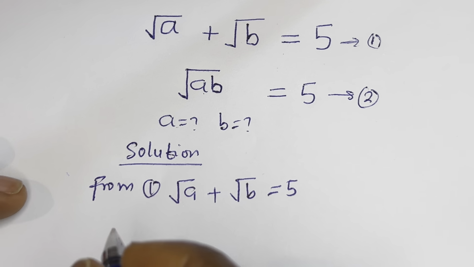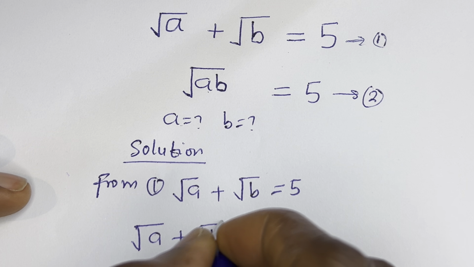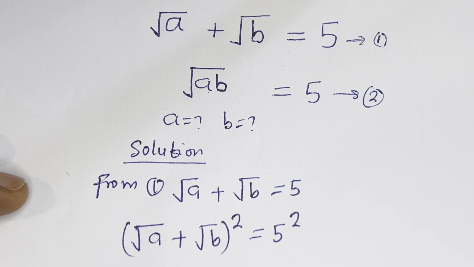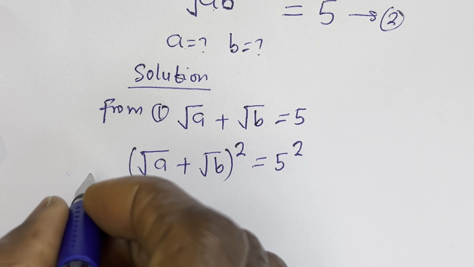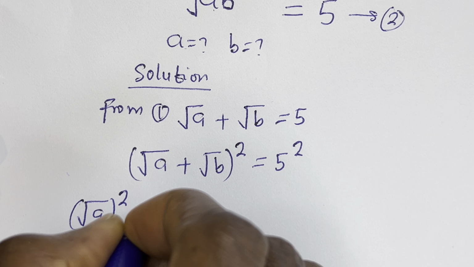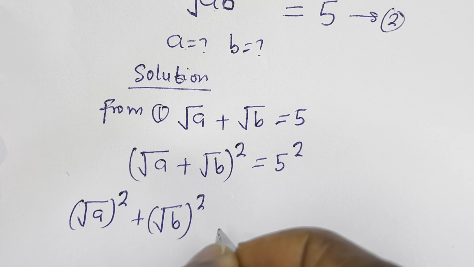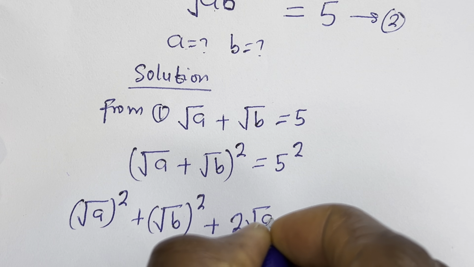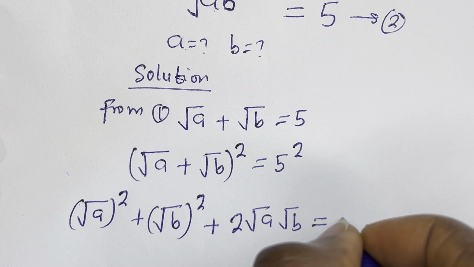Now let's square both sides of this equation. We have square root of a plus square root of b, all squared, is equal to 5 squared. Then this can be written as square root of a squared plus square root of b squared plus 2 square root of a square root of b is equal to 5 squared, that is 25.